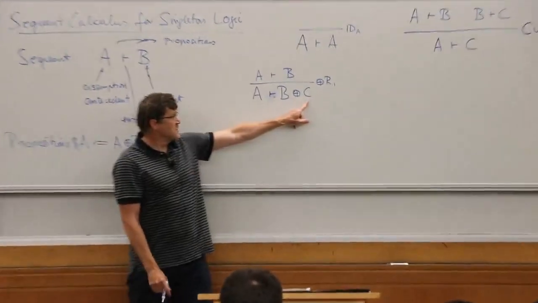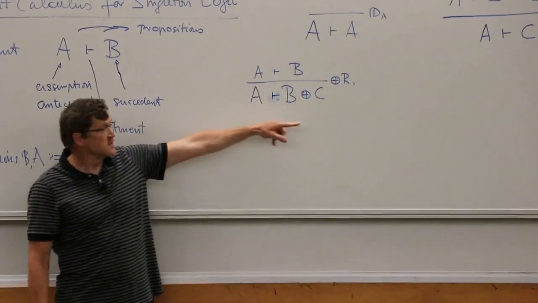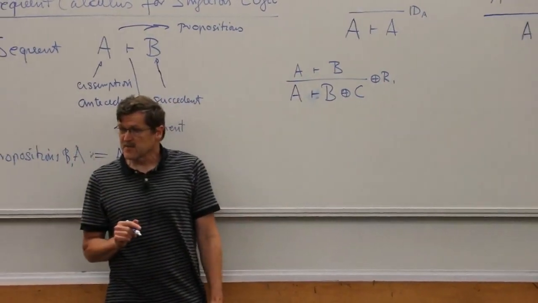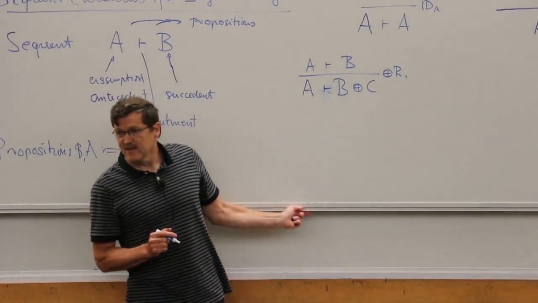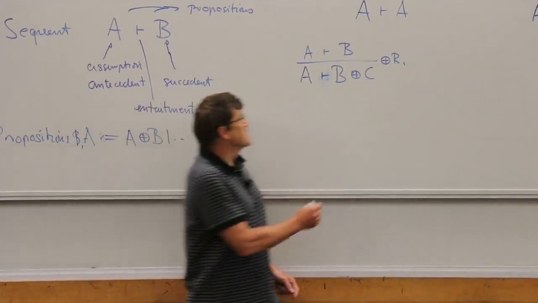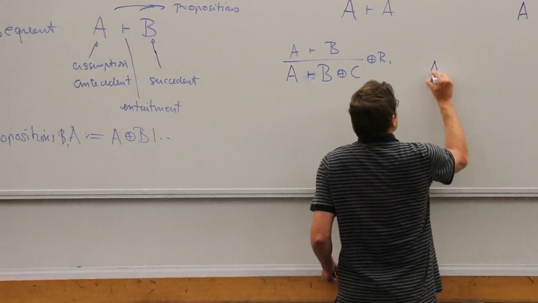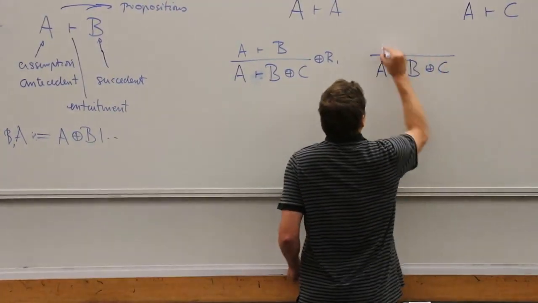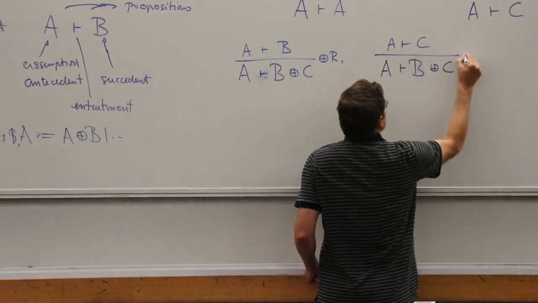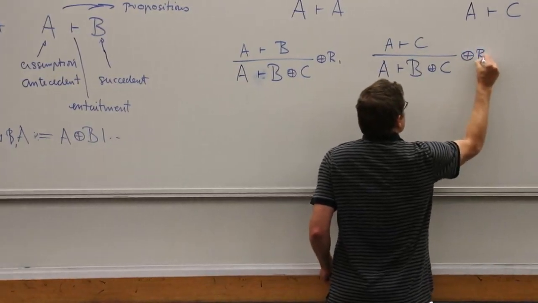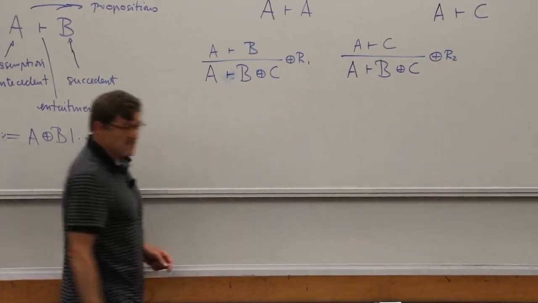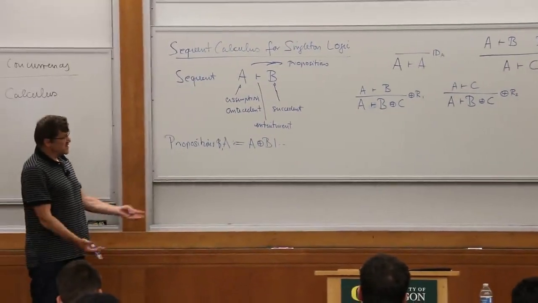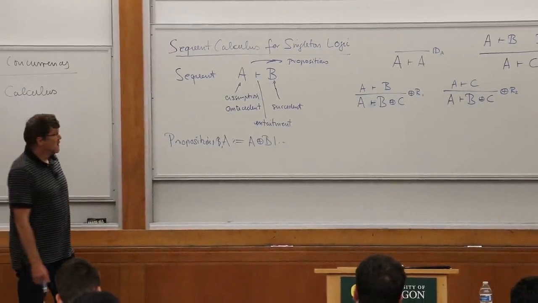It works on the right-hand side of the turnstile, the succedent. That's what the R means. And the one just means it's one of two, because you can guess what the second one is. The second one should say, well, if I know A, I can conclude B plus C if A entails C, and this would be the second right rule for plus. Okay, makes sense? Okay, so that's my definition of plus.